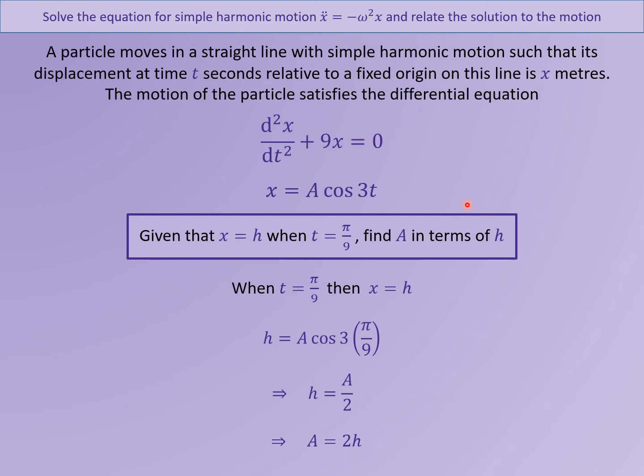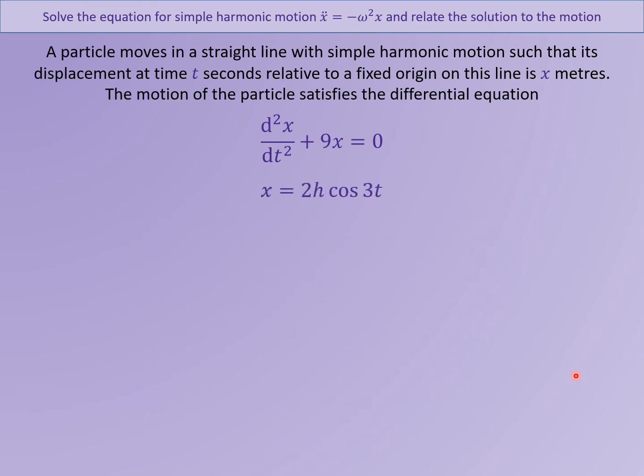The maximum value it's going to be is 2h. Be careful. A lot of people seem to think that it's always going to be the same as that front bit. It's not. So not in this case. So let's substitute that in. And now we've got our equation pretty much set up in terms of h and time.